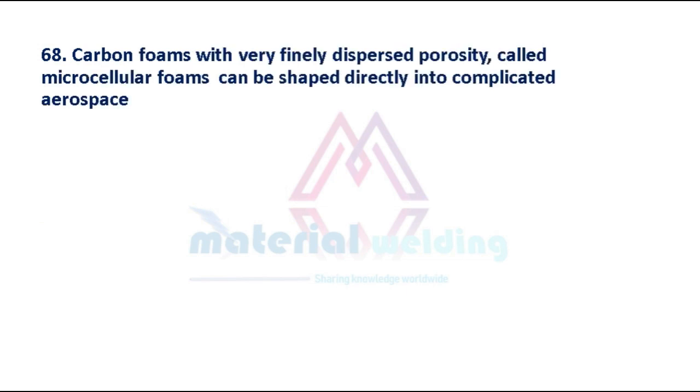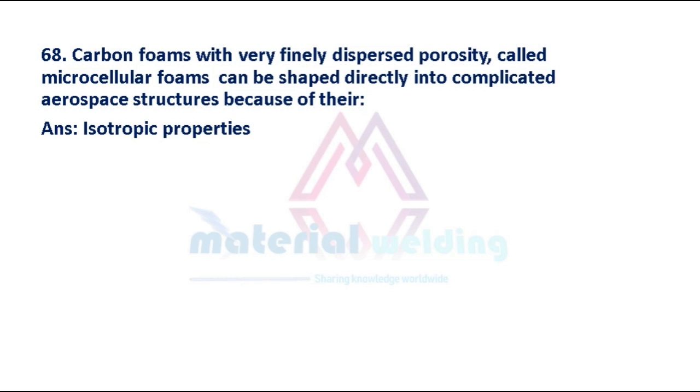Carbon foams with very finely dispersed porosity, called microcellular foams, can be shaped directly into complicated aerospace structures because of their isotropic properties, which means they have similar mechanical properties in all directions, either x, y or z direction.